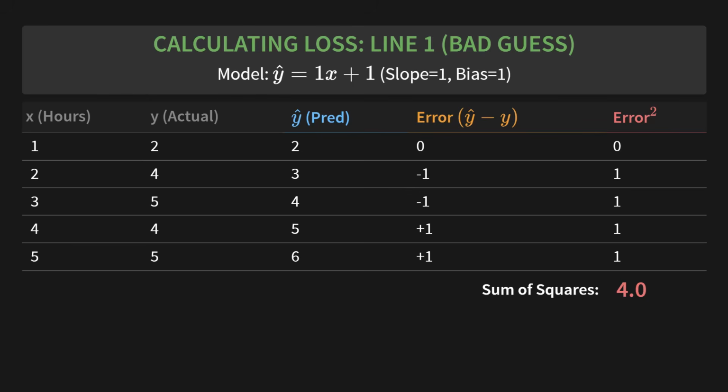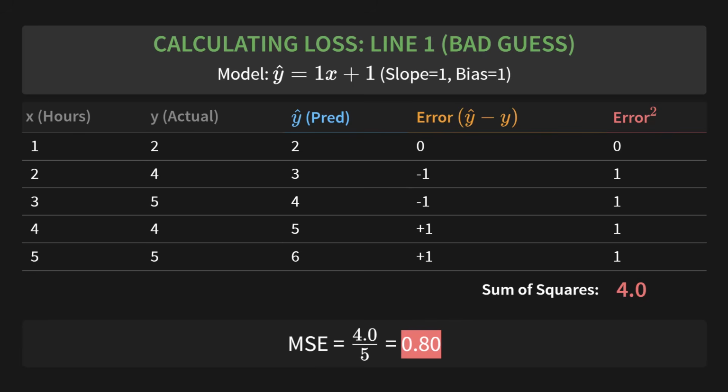For x equals 4, the error is +1, squared is 1. And for x equals 5, the error is +1, squared is 1. Now we sum up all those squared errors, and we get a total of 4. To get the final MSE, we just divide by the number of points, which is 5. So 4 divided by 5 gives us an MSE of 0.80.